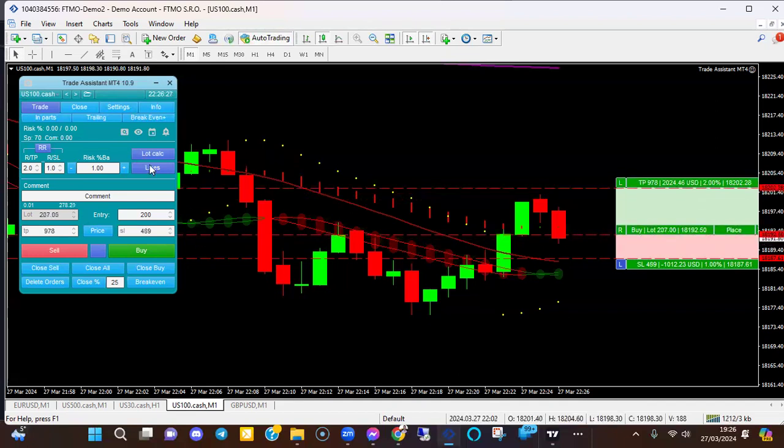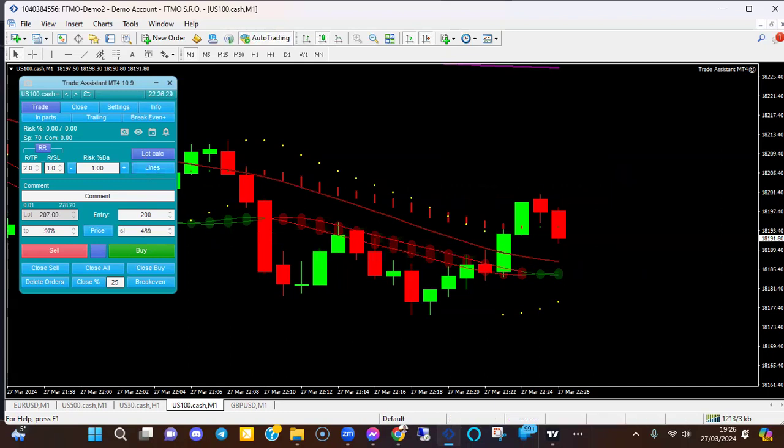Well, I'll just take the line tool off a minute. See, it's coming down to take that bit of imbalance there. That area there is a little bit of imbalance just by that wick. And it might shoot up again, heading for taking out these imbalances up here.